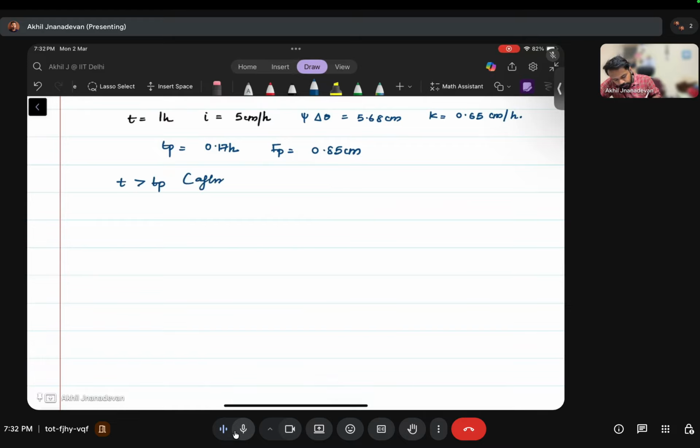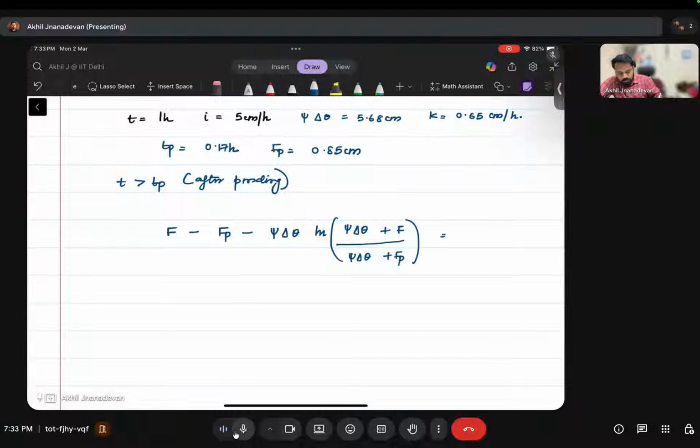The cumulative infiltration depth after ponding: F minus Fp, which is nothing but how much more infiltration has happened after ponding, minus psi delta theta ln of (psi delta theta plus F) divided by (psi delta theta plus Fp), is equal to K times (t minus Tp).